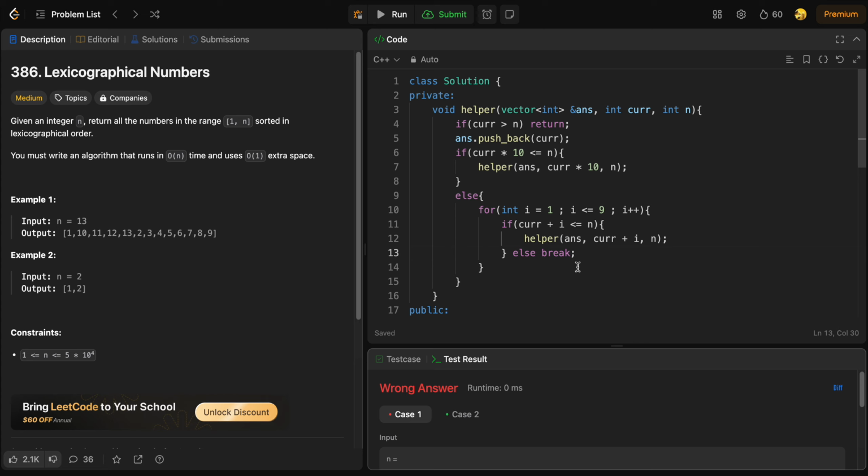I'm not sure why this is taking more than expected. I mean, why am I getting this additional 3 over here, it should ideally not be the case, right?